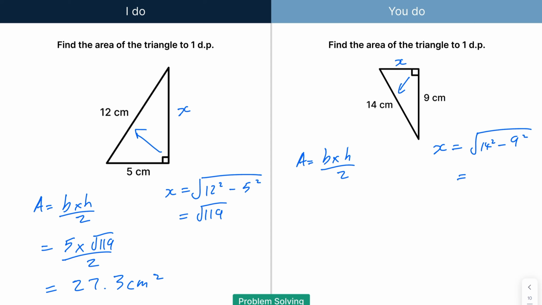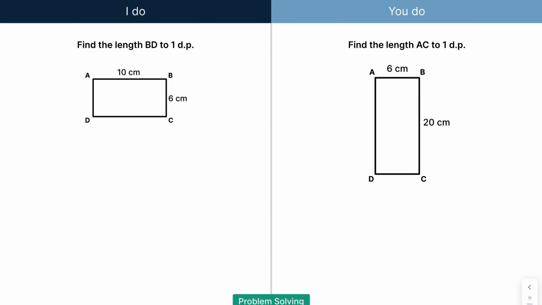If I type that into my calculator, that'll be 14 squared minus 9 squared, which becomes root of 115. For the area then, that's just going to be the base, root 115, times height, which is 9, divide that by 2. If I type that in, I get an answer of 48.3 centimeters squared.